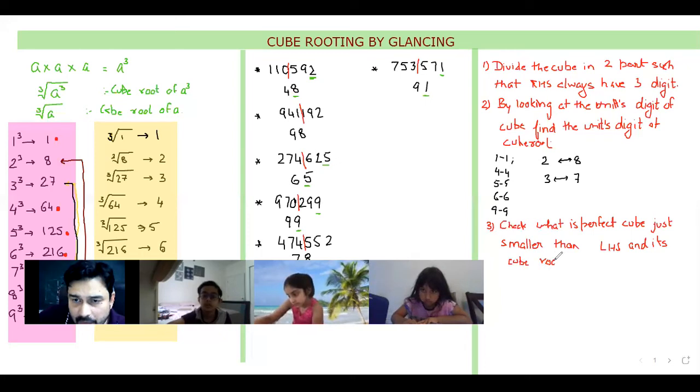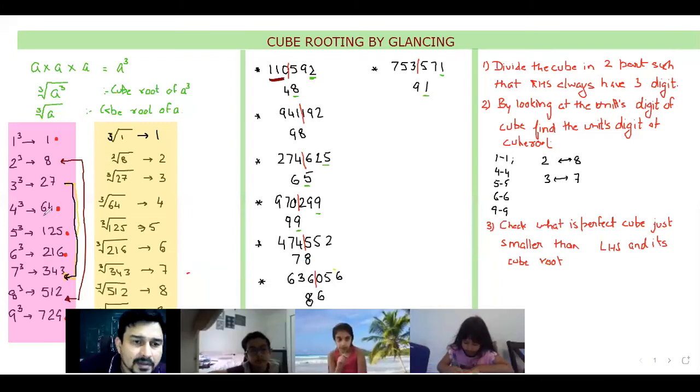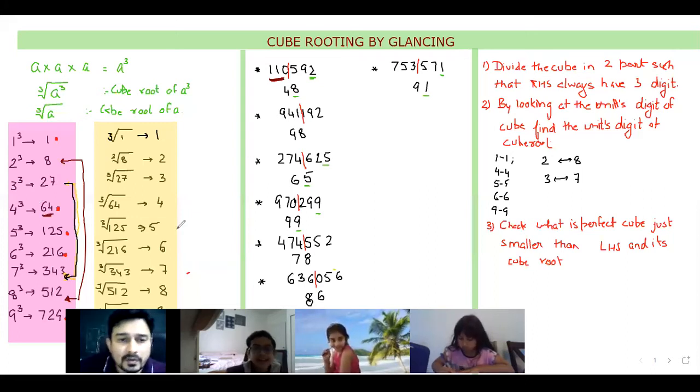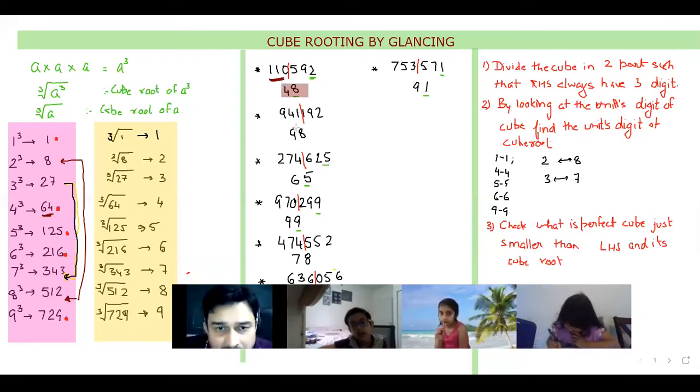Say for example, let's come back to our original questions. This is 110. Cube smaller than 110 is 64. And the cube root of 64 is 4. I get it now. Very nice. So 941.